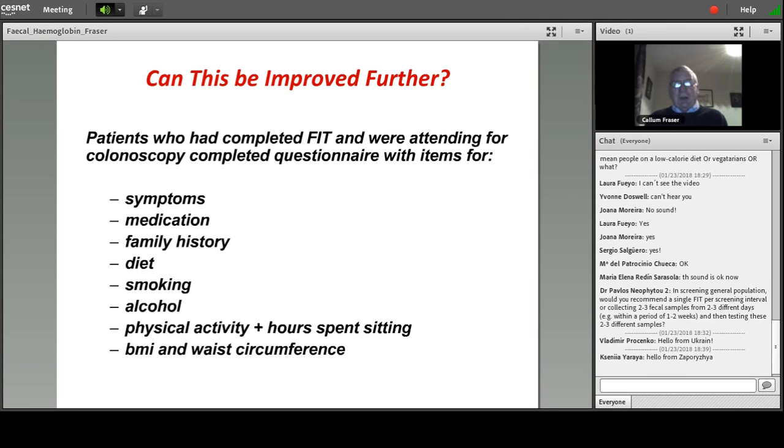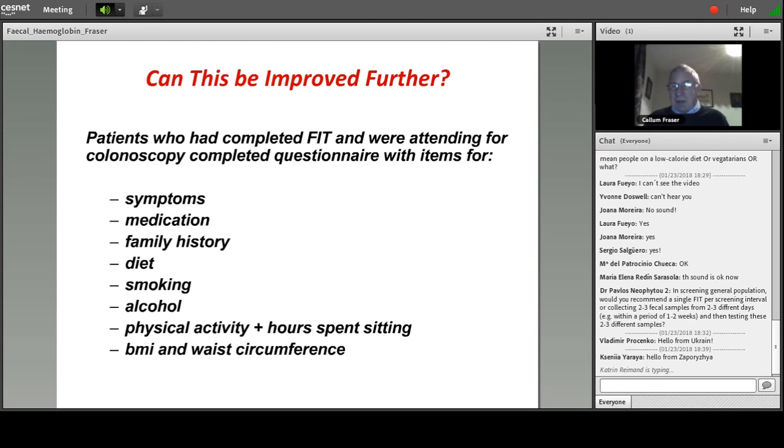So we've got information on symptoms, medication, family history, diet, smoking, alcohol, physical activity, hours spent sitting, their BMI and their waist circumference, and we plan to look further in the near future at various other types of risk scoring, incorporating not only fecal hemoglobin and probably age and probably sex, because these are really important, but also some of the other variables.